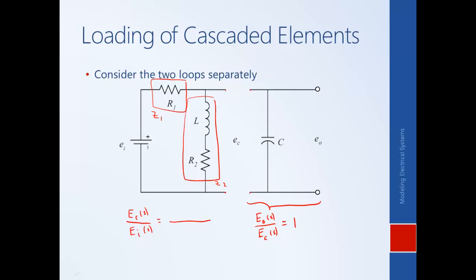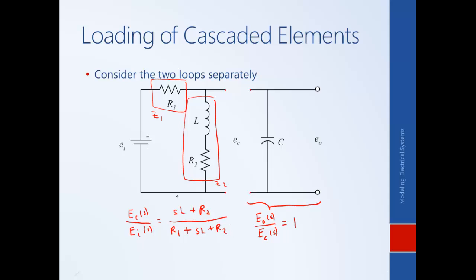Z2 we can think of as the sum of these two impedances because these components are in series. So we have the impedance of the inductor plus the impedance of the resistor, that is Z2. And then we divide it by Z1 plus Z2, where Z1 is R1, and Z2 is SL plus R2.